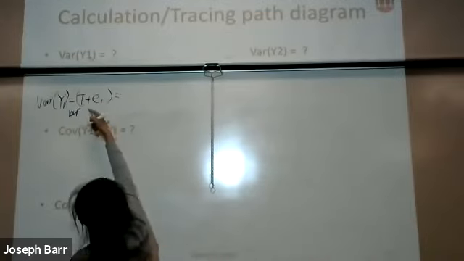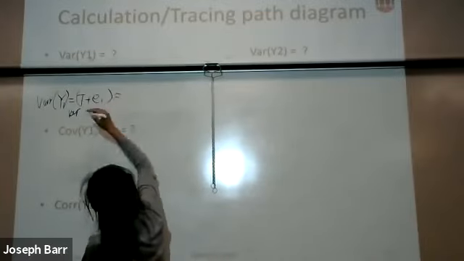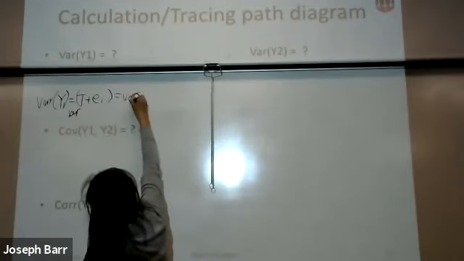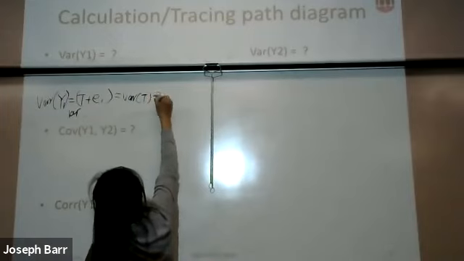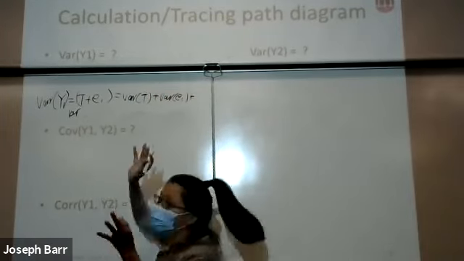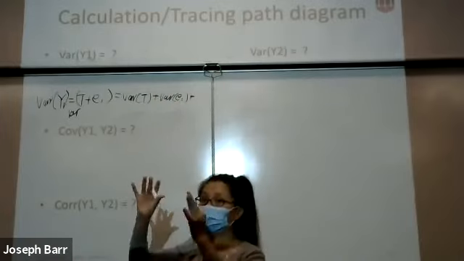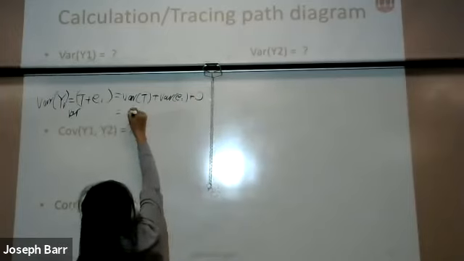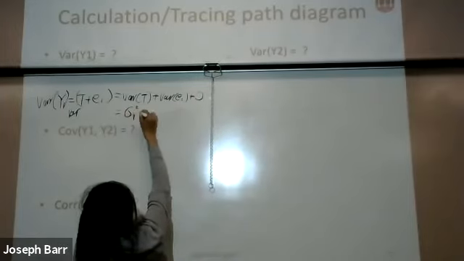Basically, if we just expand this part, we have a variance of t, variance of e1, and some covariance between them. But because they are independent, this part is 0. So for the t part, we have sigma t squared.